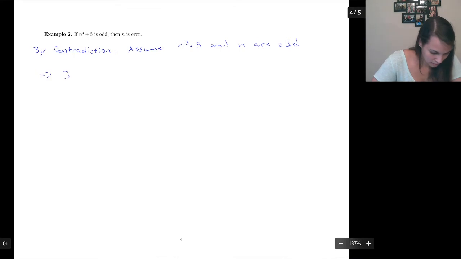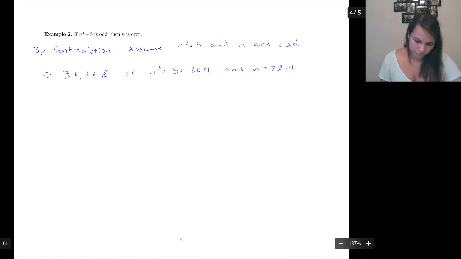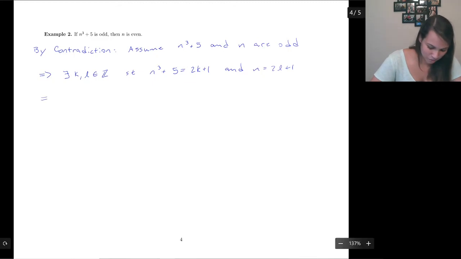That means there exist integers k and l such that n cubed plus 5 is equal to 2k plus 1, and n is equal to 2l plus 1. So let's go ahead and substitute that in, because that's the power of "and" giving us. They're both true, so we can substitute them. So we get (2l plus 1) cubed plus 5 is equal to 2k plus 1.